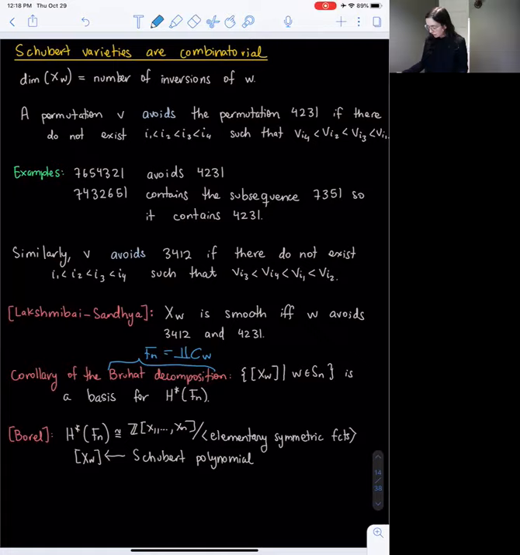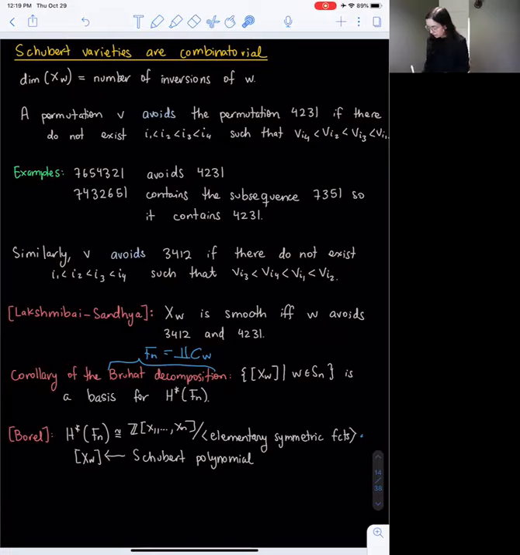And now this cohomology ring of the flag variety is combinatorial, and in particular, Borel gave a presentation for that cohomology ring, described it as the quotient of a polynomial ring by the elementary symmetric functions that I'm not really going to define. But there are some symmetric functions that are fundamental in algebraic combinatorics.